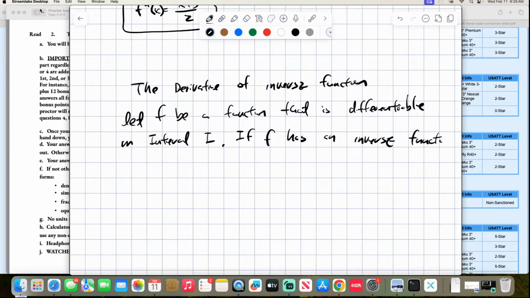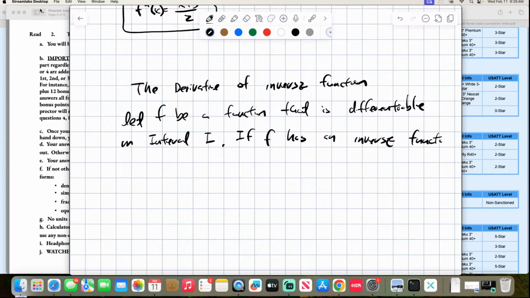So my goal is, can you find out what g prime of 3 is? Well, g prime of 3 also means f prime of f inverse of 3. Then you say, okay, well, in terms of g of x, this is 3. Is that okay? Okay, sure.